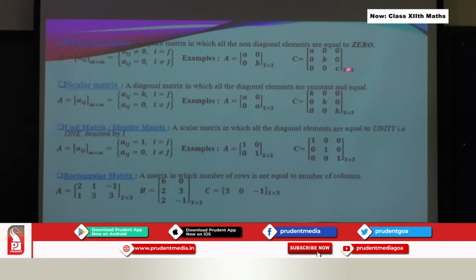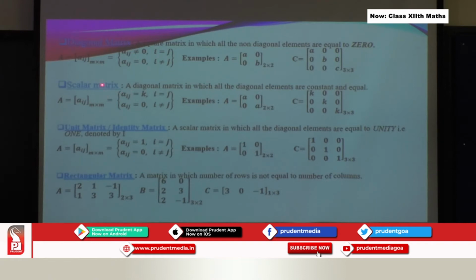Same way if you consider here the square matrix of order 3, if you look at this, A11 as A, A22 as B, A33 as C, but all non-diagonal elements, that is here A12, A13 and in a similar way A21, and here you can see this as well as these two, you see these are 0 entries. Let us proceed further.